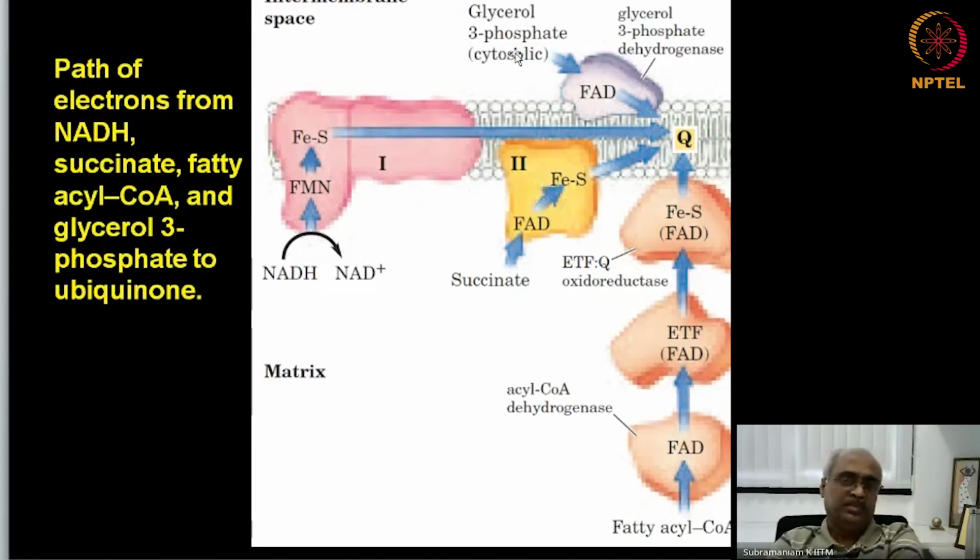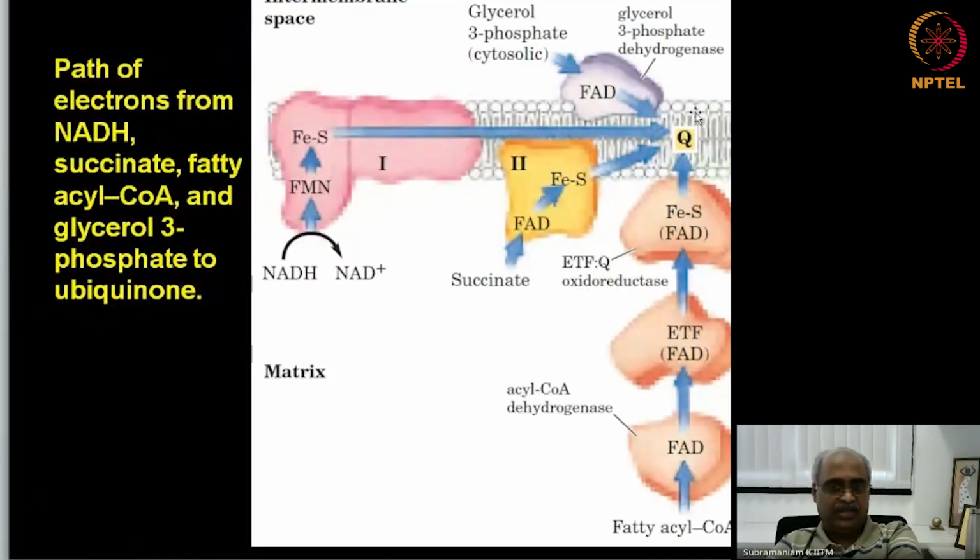And from such a source of glycerol phosphate, this glycerol 3-phosphate dehydrogenase enzyme is bound to the membrane, but on the cytoplasmic side, in contrast to the succinate dehydrogenase that is on the matrix side. And that again transfers to the ubiquinone.